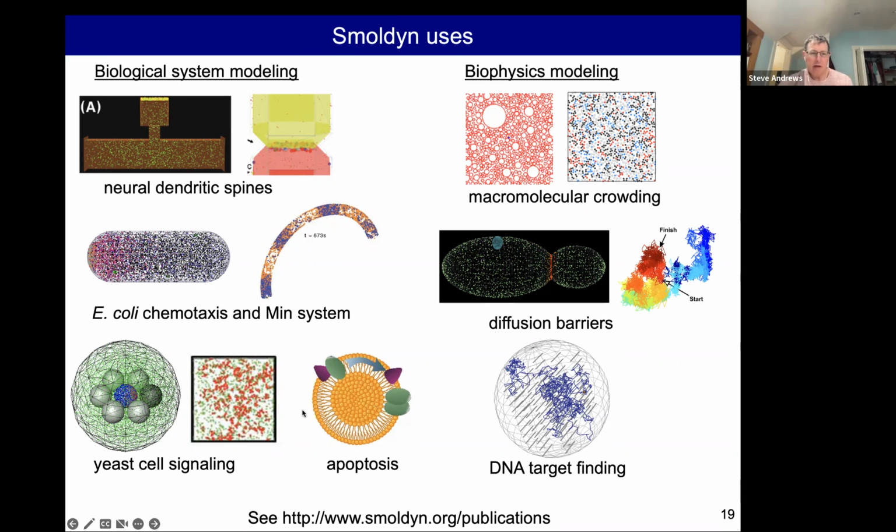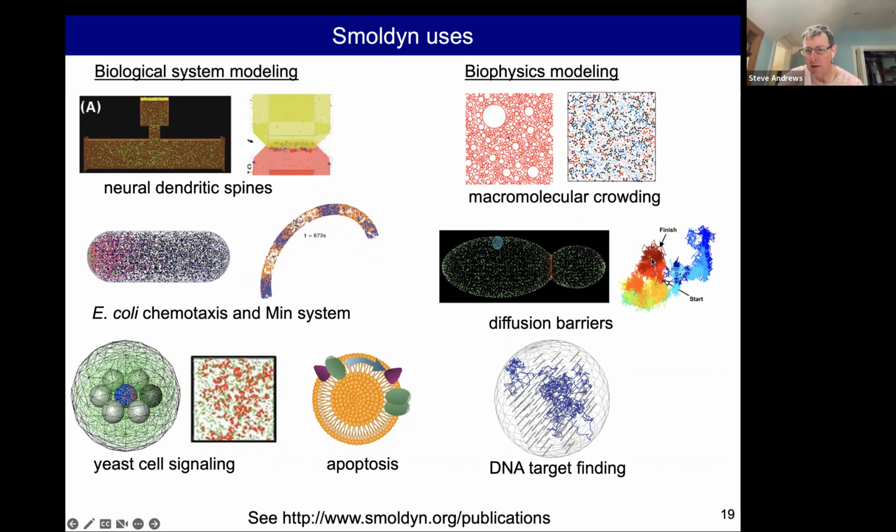It's also been used, which I hadn't anticipated at first, for a lot of biophysics projects because of its high validation level. So crowding: how does crowding affect diffusion coefficients inside cells? How does it affect reaction rates inside cells? A bunch of work on that. Diffusion barriers: a colleague looked at how this little neck in the cell affects diffusion from here to here.